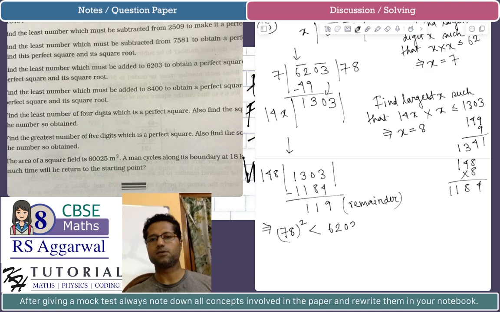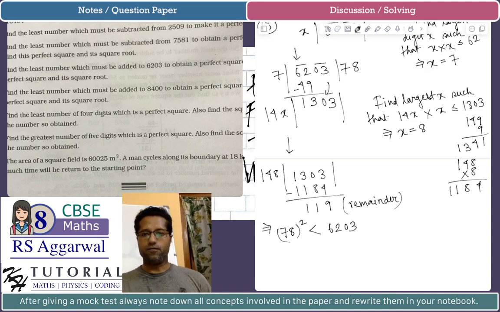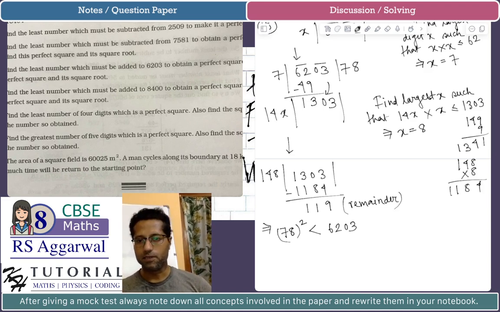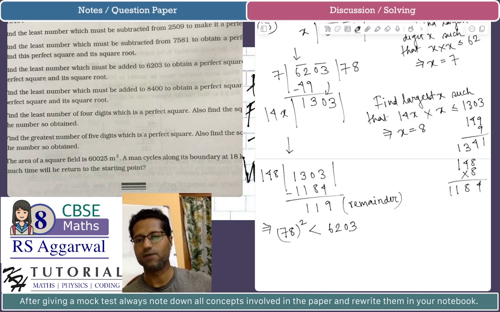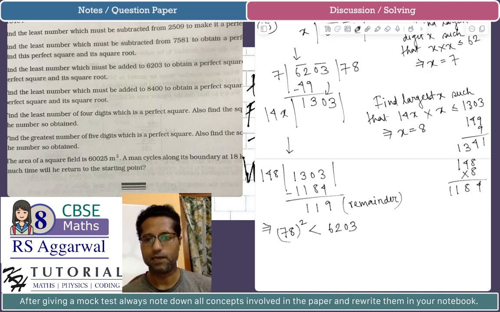Why? Because if you do the long division method and there is a remainder, then obviously the final quotient square is less than the given number. That is why there is a remainder. So we see that 78 whole square will be less than 6203.